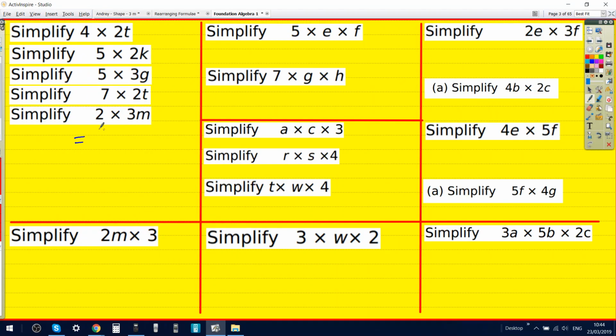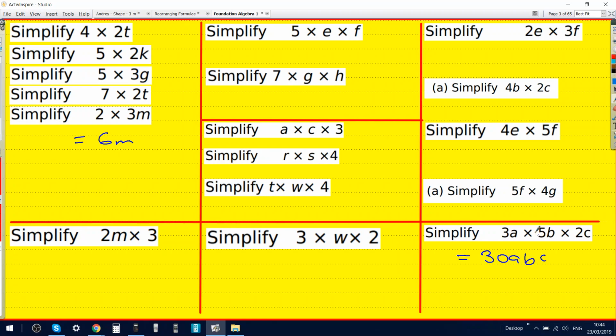This bottom one here. Is it 6m? How about this bottom right one? Okay. Is it 30 ABC? Yeah. How about this one here? Would that be 4 TW? Yes. Okay.